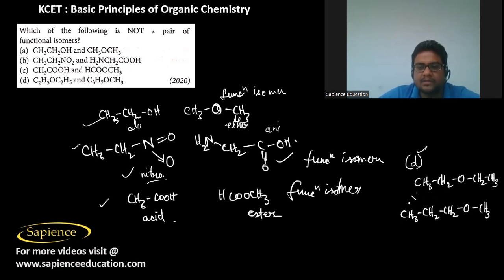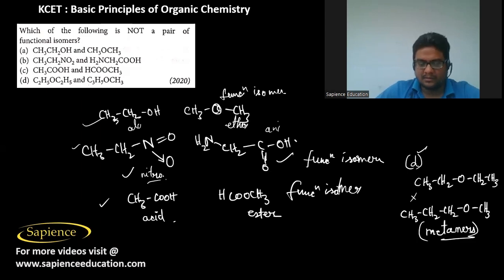So they are not functional isomers. They are called metamers, since the two alkyl groups which are attached on the two sides of the polyvalent functional group are not the same. So option D is the correct answer here.